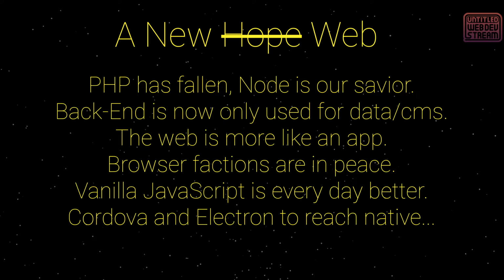Vanilla JavaScript, as you might recall from previous streams, is basically JavaScript without any kind of framework or library, right? Just the JavaScript that comes with the browser. But that JavaScript is every day better. At the beginning, it didn't have any methods or utils that were actually useful.